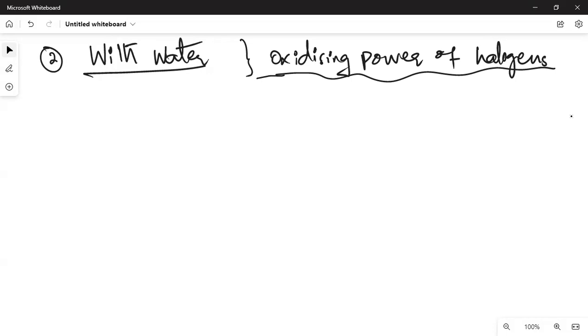Now, when fluorine is reacted with water, it forms hydrogen fluoride and oxygen gas.